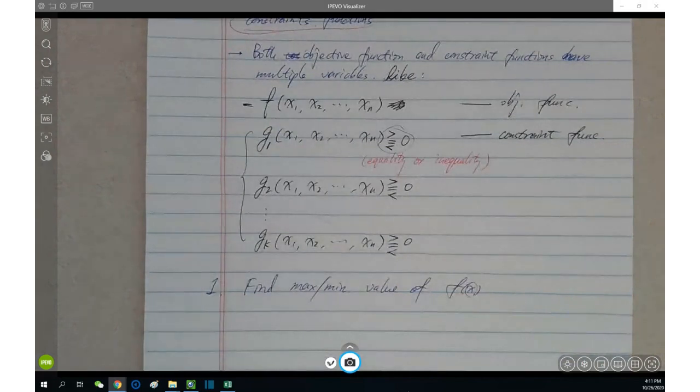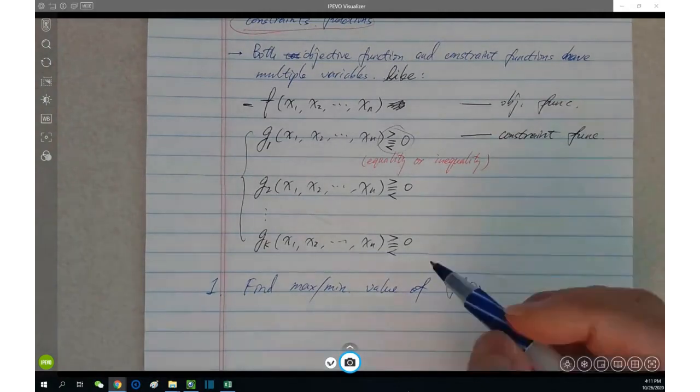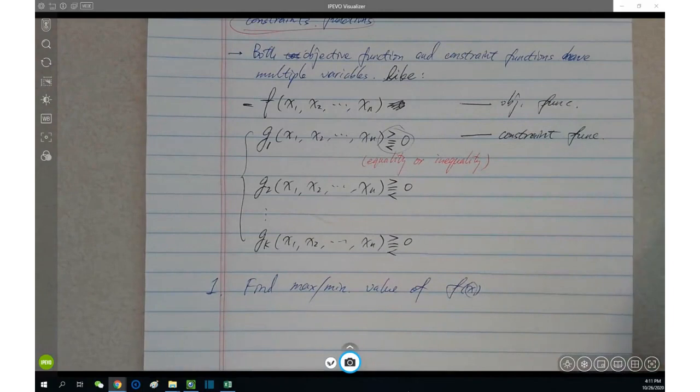How to find it? What's the mathematical way to find the minimum or maximum value of a given function? What do we do? Derivative and set it to 0. Very good. The derivative of it equals 0. Very simple, right?